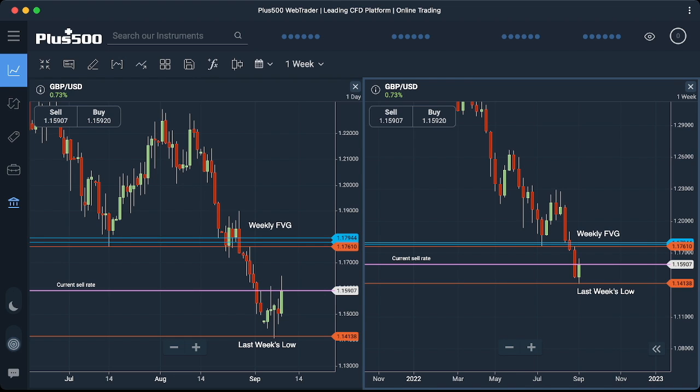So this is the low which can be broken again, and this is the target that we may achieve by this week, 1.17600. Either after breaking the low of the last week, or even by just giving a small correction here and then to the upside. But after reaching to this area, we are still bearish, and we will update you later.